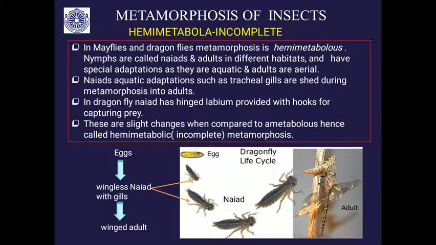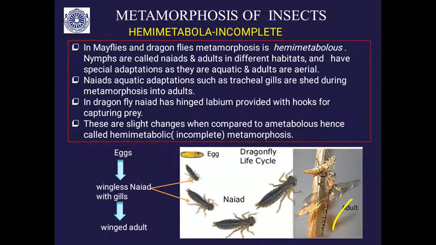Next, you can see the hemimetabola or incomplete metamorphosis. This you can see in the case of mayflies, dragonflies, and damselflies. You have seen this, this is a dragonfly, where you will find incomplete metamorphosis.